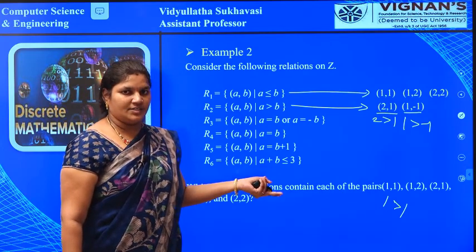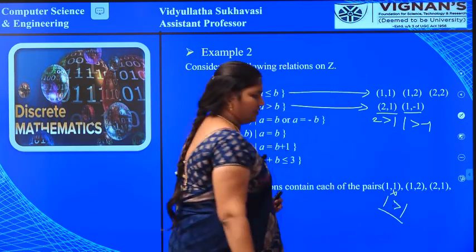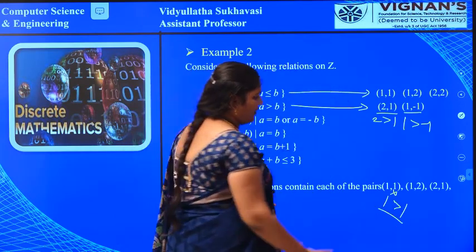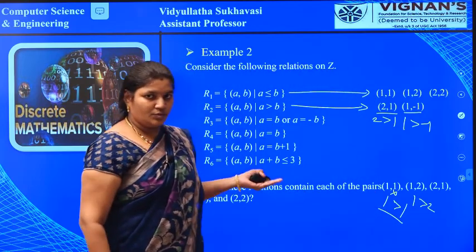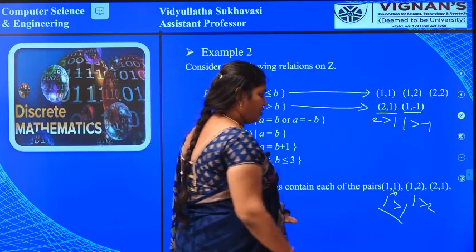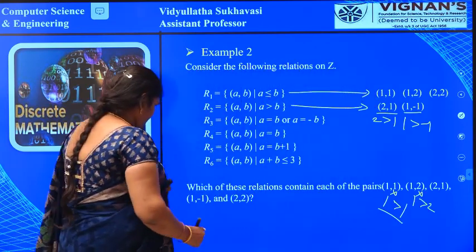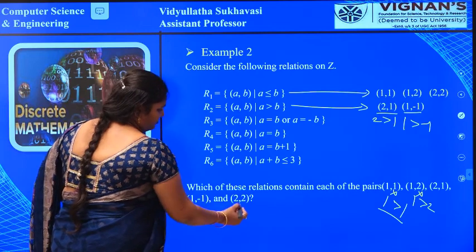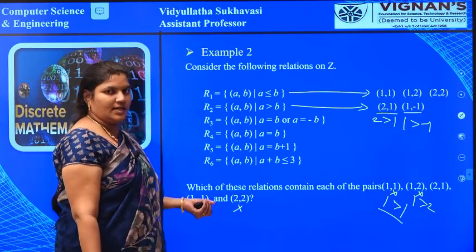That's why (1,1) will not exist in the relation R2. Next (1,2), 1 is greater than 2? We already know that 2 is greater than 1, so the condition is not satisfied and this will not exist. And next (2,2), both elements are the same, so this does not exist in the relation.